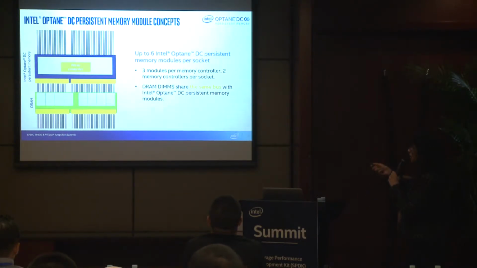That's something that you need to remember. In our second generation Intel Xeon processor, you can have 6 Intel persistent memory modules per socket. That means you can have 3 modules per memory controller, and there are 2 memory controllers per socket for this processor. And like I said, the DRAM DIMMs share the same bus with the persistent memory DIMMs here.